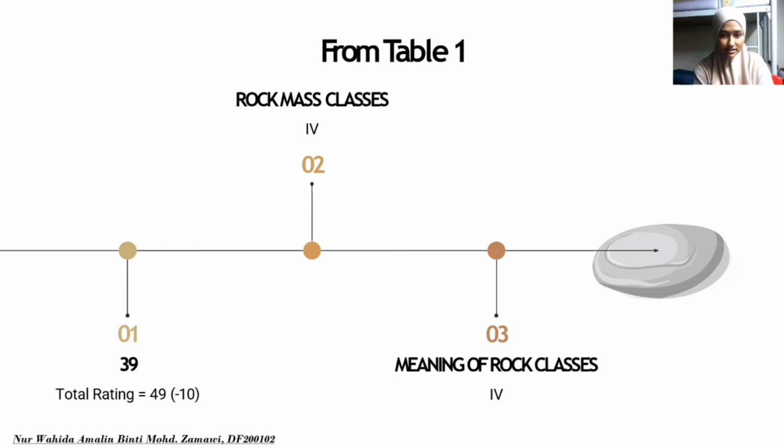The rock mass is in class 4, in which the total rating is between 21 until 40, and the description of the rock is poor rock. The meaning of the rock class for the fourth class is 10 hours for a 2.5 meter span, the cohesion of the rock mass is between 100 until 200 kPa, and the friction angle of the rock mass is between 15 to 25 degree.